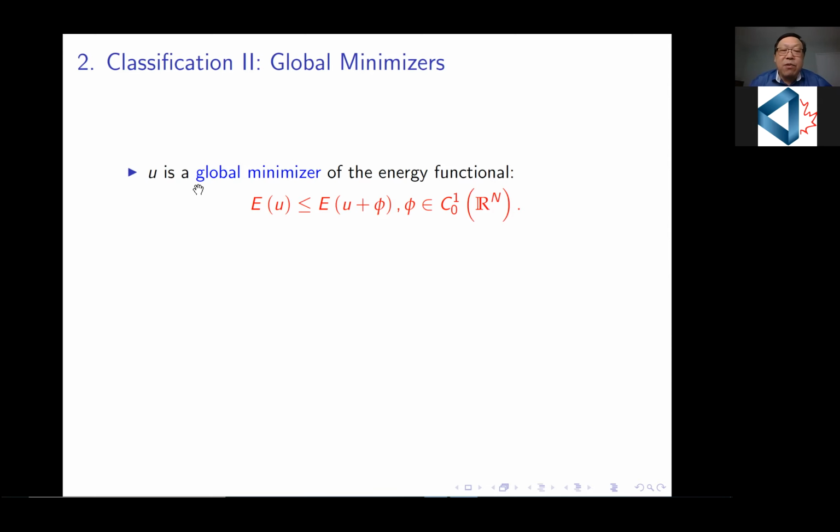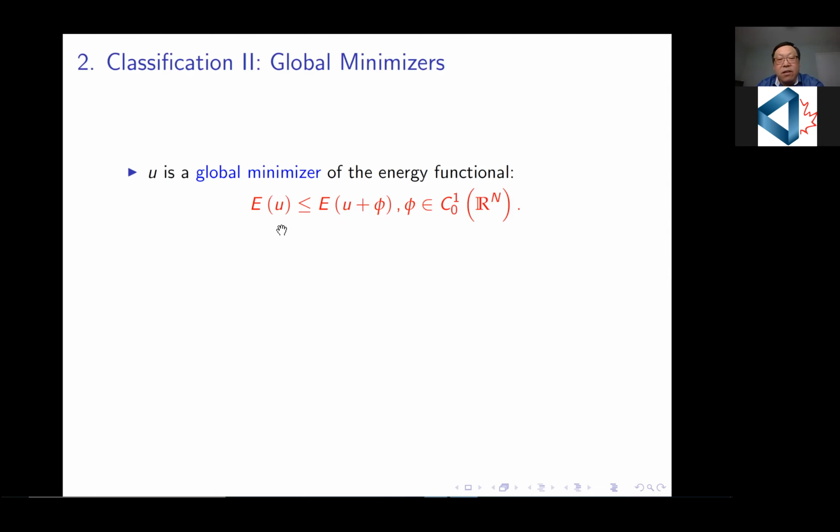We say that U is a global minimizer of the energy functional if you fix a domain and fix your boundary data U, and you perturb inside, and U has the minimum energy. So this is a very natural condition in terms of energy.